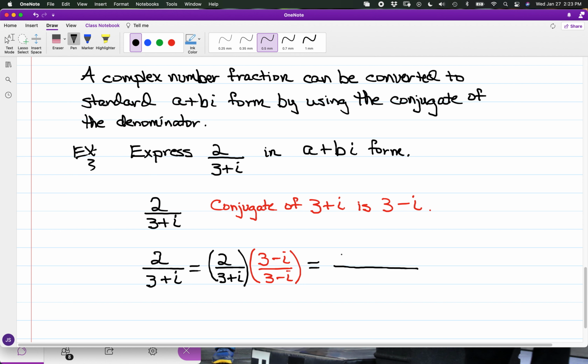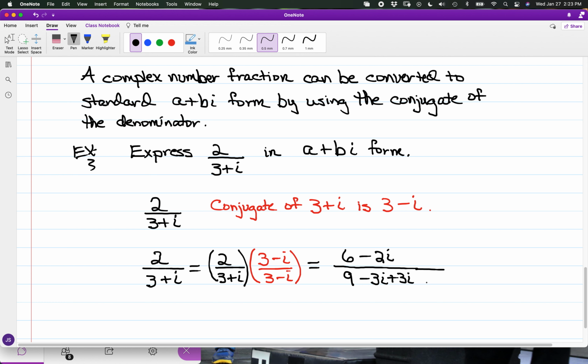So 2 times 3 is 6. 2 times negative i is going to be a negative 2i. And for the denominator, we have 3 plus i, 3 minus i, and the product of conjugates is just going to be a single real number. So here we have 3 times 3 is 9, and the outside and the inside products cancel. The outside product is negative 3i, and the inside product is positive 3i.